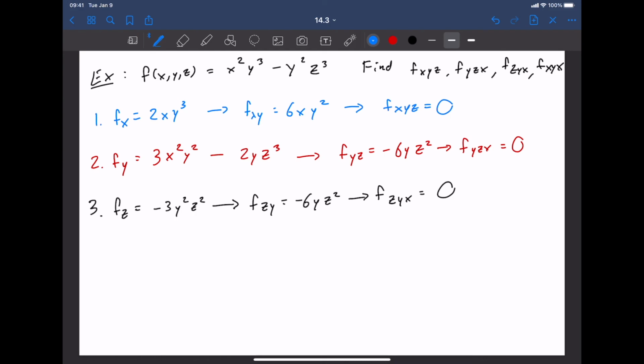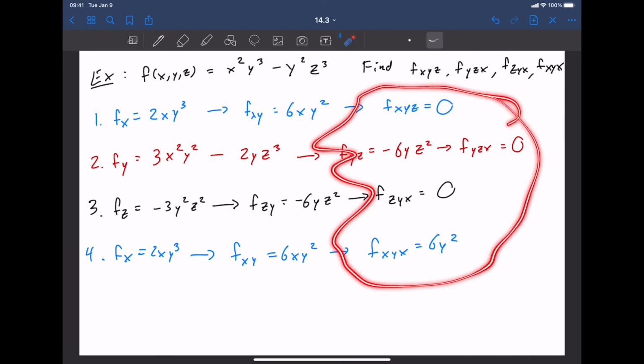And that brings me to my final point, fxyx. Now, we already did fx. We already did fxy. But now the directions change and they said do x again. So fxyx is 6y squared. It's not 0.